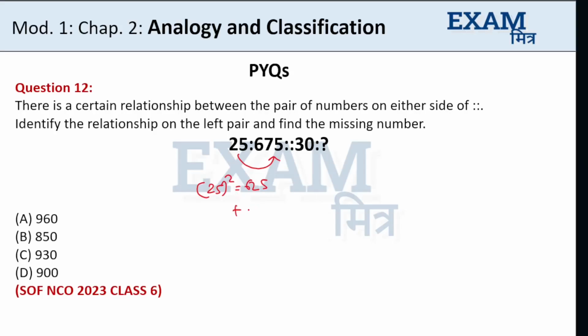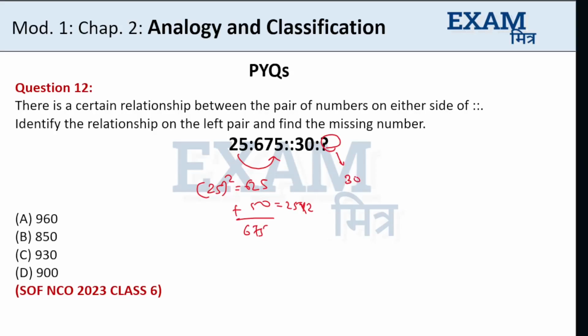Now if I add 50 to it, it is becoming 675. But what is 50? 50 is double of 25. So that means I have to add the square of 25 with the double of 25 to get the next number.